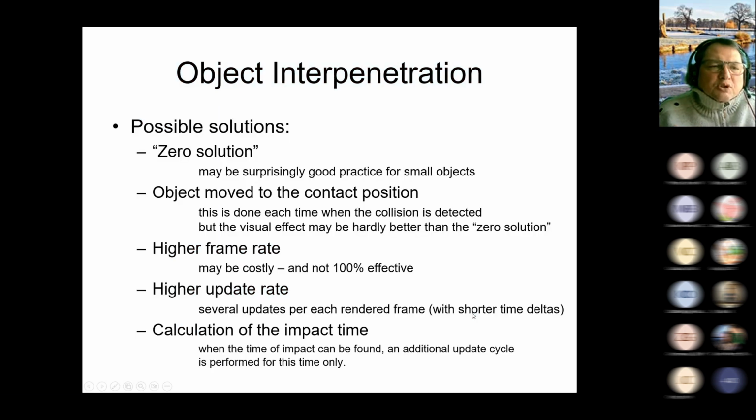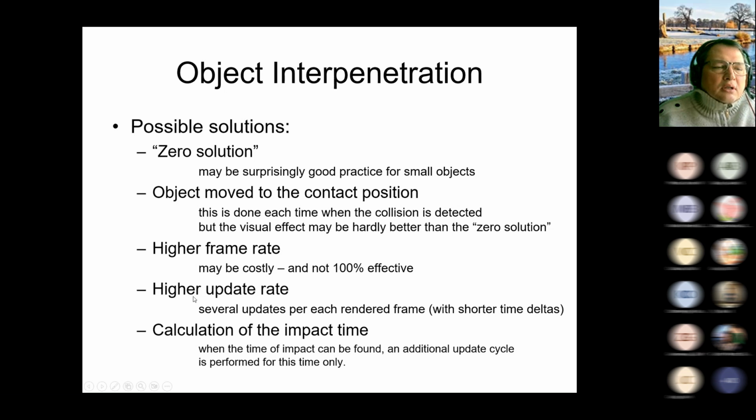Possible solutions. Zero solution, maybe surprisingly good practice for small objects: you do nothing, you hope that your players will not notice. You can move the object to the contact position. This is done each time when the collision is detected, but the visual effect may be hardly better than the zero solution. You can increase the frame rate, but this may be costly and still not fully effective.